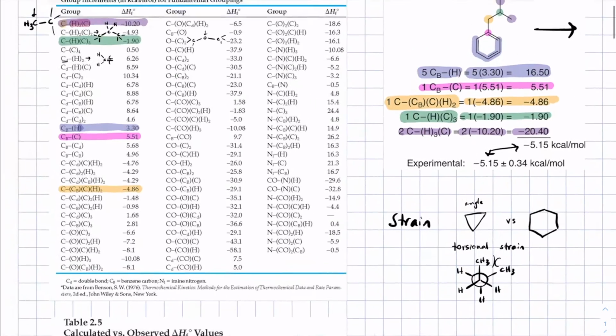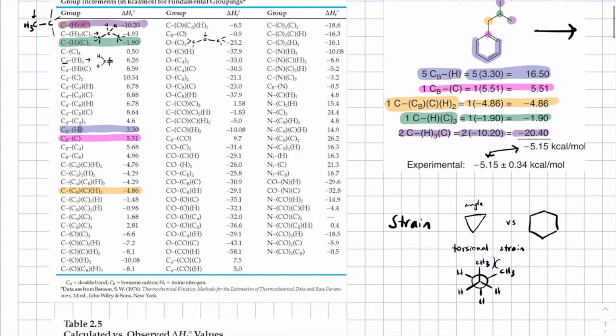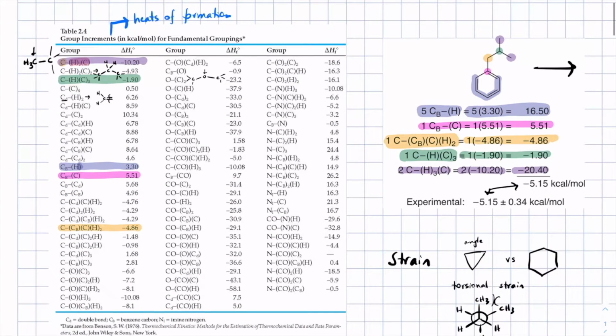But these group numbers were determined in strain-free contexts. So if you take a heat of formation calculated from these group increments, and then compare it to what's experimentally observed, the difference you can often attribute to strain or perhaps other electronic factors.